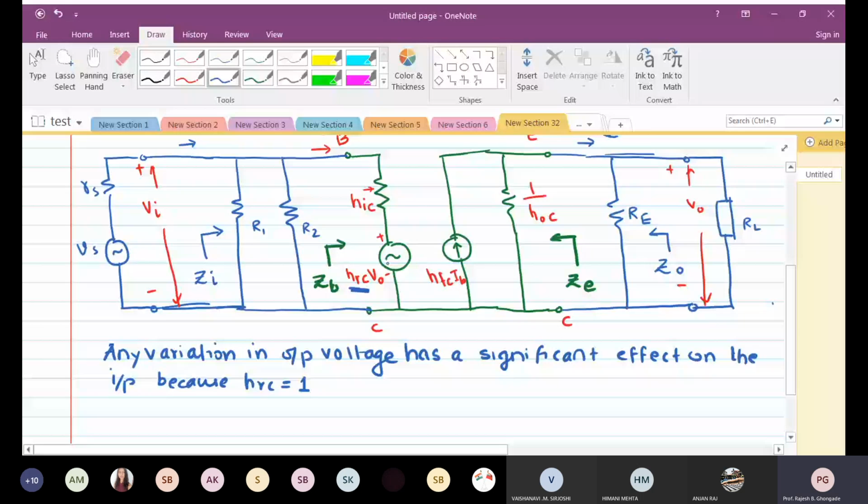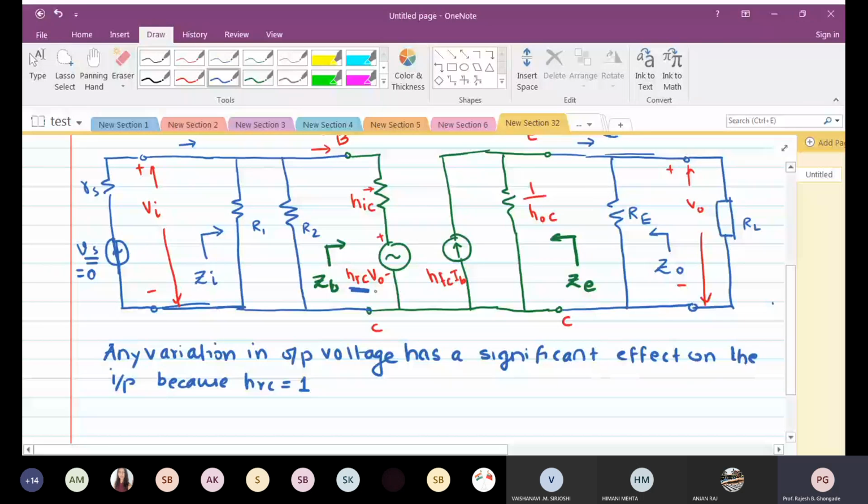Now to determine the output impedance, the signal voltage we will assume to be 0. So as if there is no signal voltage here, I can replace it with a short circuit like this. And IB, now who is going to produce IB? IB is going to be produced because of this VO.